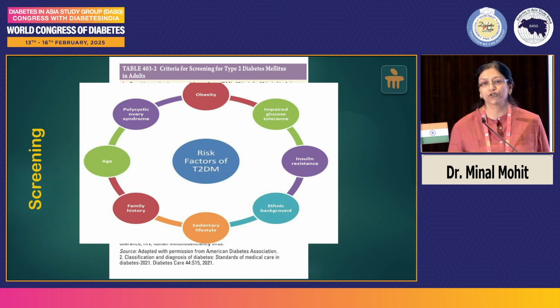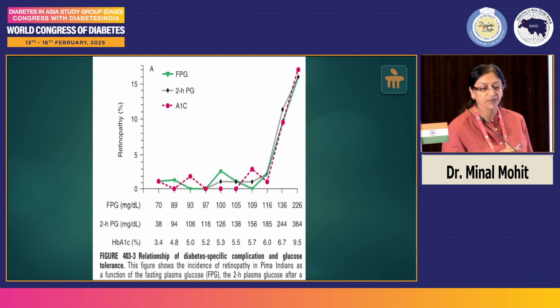Ethnicity plays an important role, especially we Asians are at higher vulnerability of type 2 diabetes. Then we have features of insulin resistance evident. Increasing age is an important factor for developing type 2 diabetes. So these are all risk factors which deserve to be screened for type 2 diabetes.